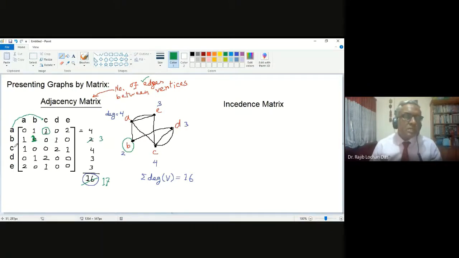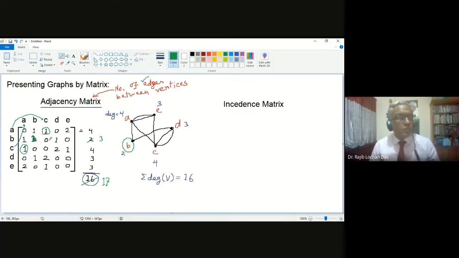A to C is 1, and C to A is also 1, so it is A to C, C to A, two ways in the matrix. But if you think about a loop, that means the same point and same point, so this one can be counted only one time.